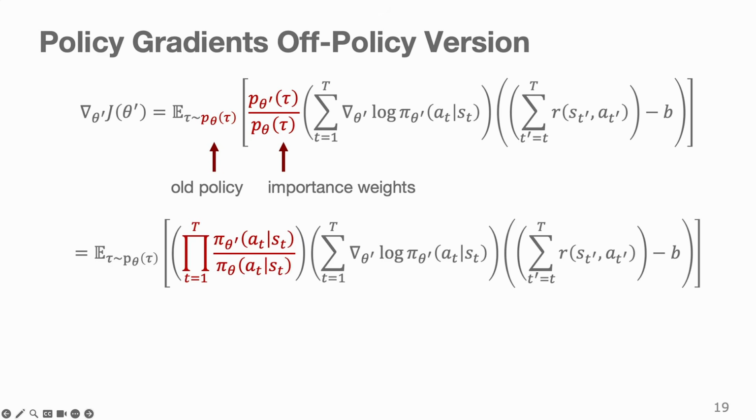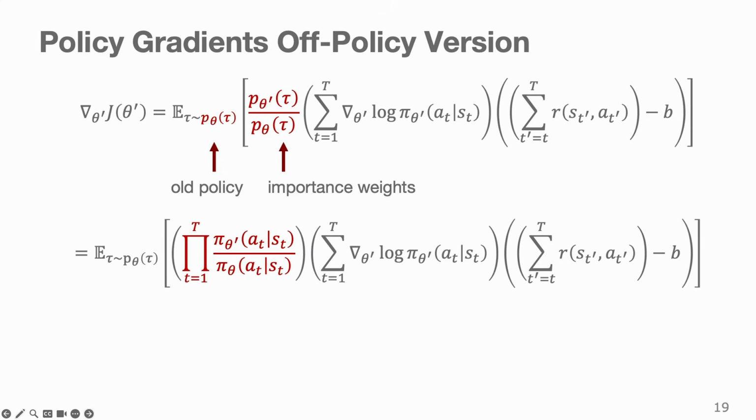This is still a little bit troublesome because it is exponential in the horizon T. Imagine that all our importance terms are less than 1.